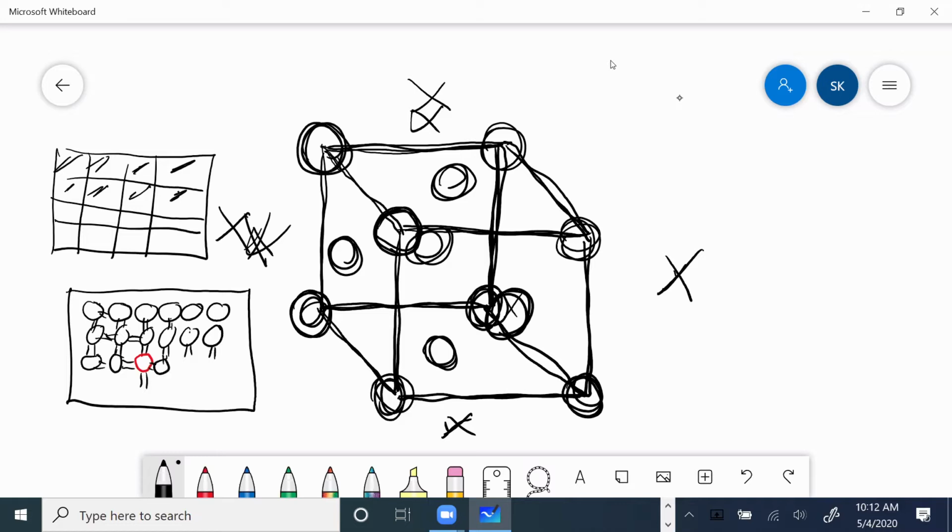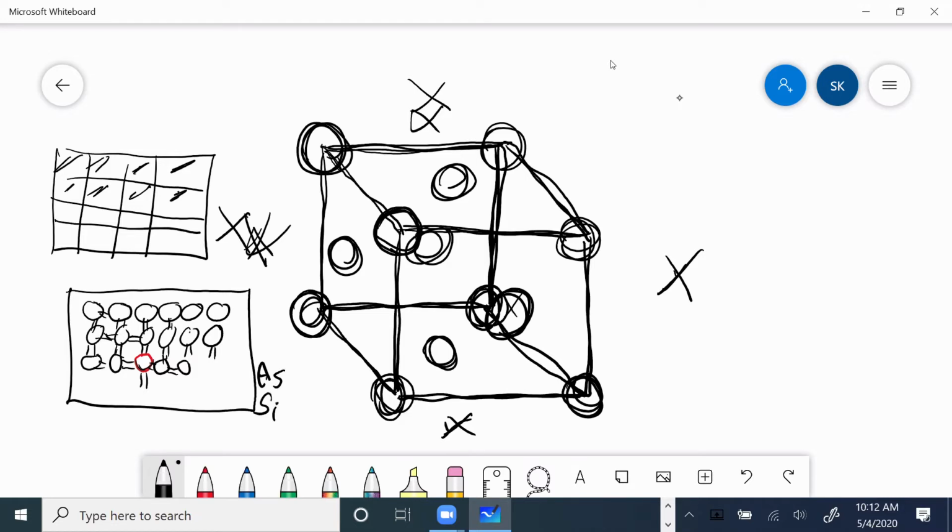Can you see? Right? So this foreign atom, the red one, is say an arsenic atom, and all the blacks are silicon atoms.